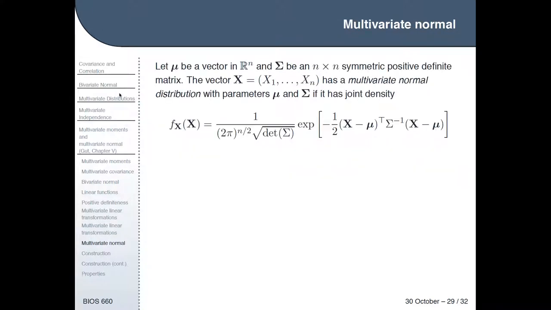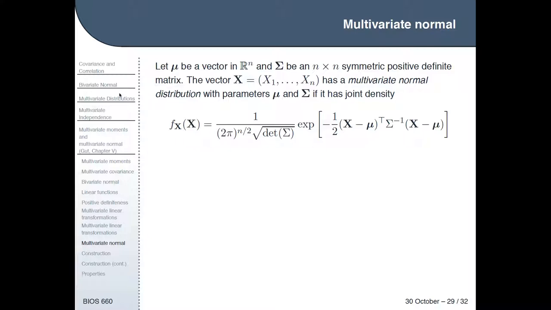The multivariate normal, as I said before, is exactly the same as the formula for the bivariate normal that I gave you a few slides back. The only difference is at the far left-hand side, the 2 pi is to the power n over 2 rather than to the power 1. That makes sense: in the bivariate case, n equals 2, so you ended up with it to the power 1.